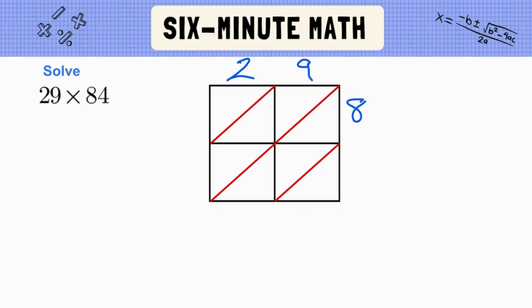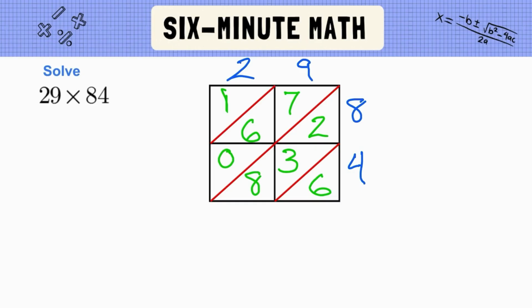And my 84 will go on the right. 8 and 4. 2 times 8 is 16. 1 and 6. 9 times 8 is 72. 2 times 4 is 8. If I have a single digit, that tens digit is going to be a 0. And then lastly, 9 times 4 is 36.